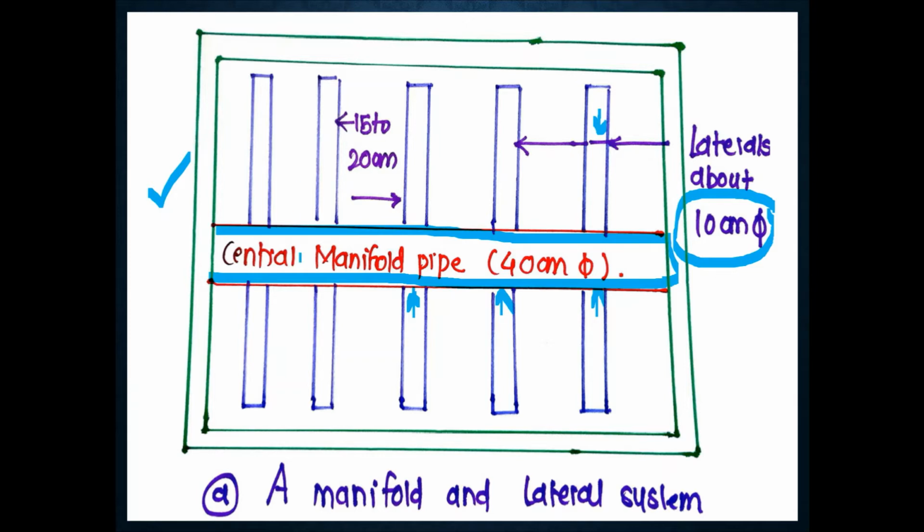What is the function of the lateral? The lateral brings the treated, filtered water through its pore spaces, holes, perforations or openings to the central manifold pipe, and the central manifold pipe delivers that water to the filtered water well. This is the enlarged section of the under drainage system.